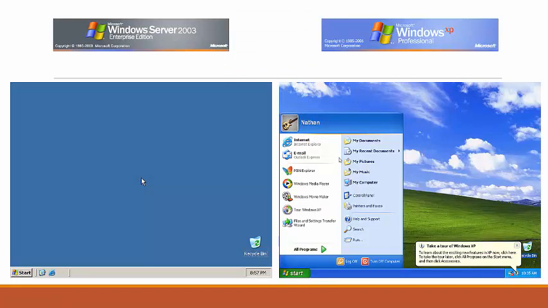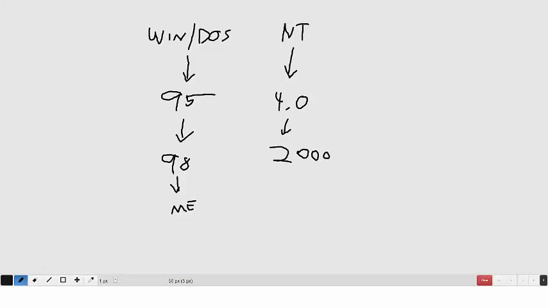Well, on the next version over, Microsoft brought their two product lines together. And I'm sure we've all seen this, Windows XP. And this is where the two lines join. At this point, Microsoft did away with the DOS-based operating systems.